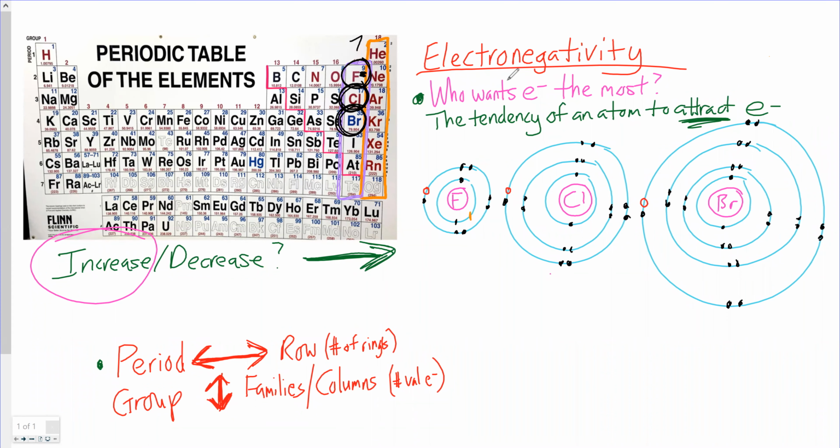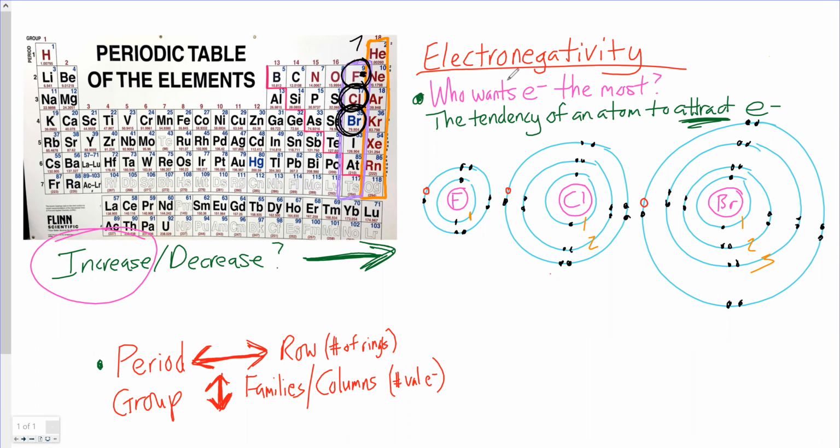He's like, oh my gosh, if I can just get one more electron, I can have a full shell. Chlorine over here, he's saying the same thing, but at least he has 2 shells that are already full. And then bromine's got 3 shells that are full, and then he wants that one, okay? So with that being said, fluorine wants it more than anybody else on the entire periodic table.